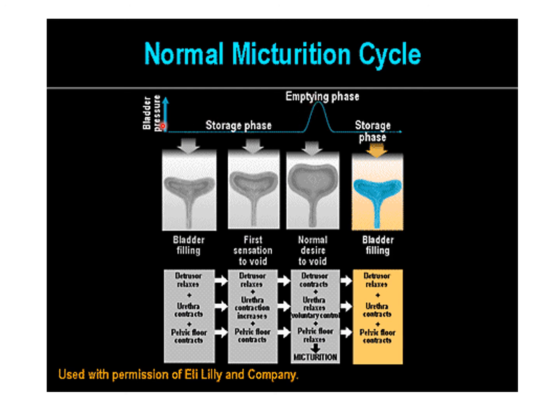In the filling phase, bladder pressure does not increase that much, but in the micturition phase the pressure increases and urine passes down, with contraction of the detrusor, urethral relaxation and pelvic floor relaxation. Whereas in the filling phase the opposite happens: the detrusor relaxes and the sphincter contracts, and pressure does not rise so much because of the plasticity of the smooth muscle and the mucosa of the urinary bladder. So that is the micturition cycle.